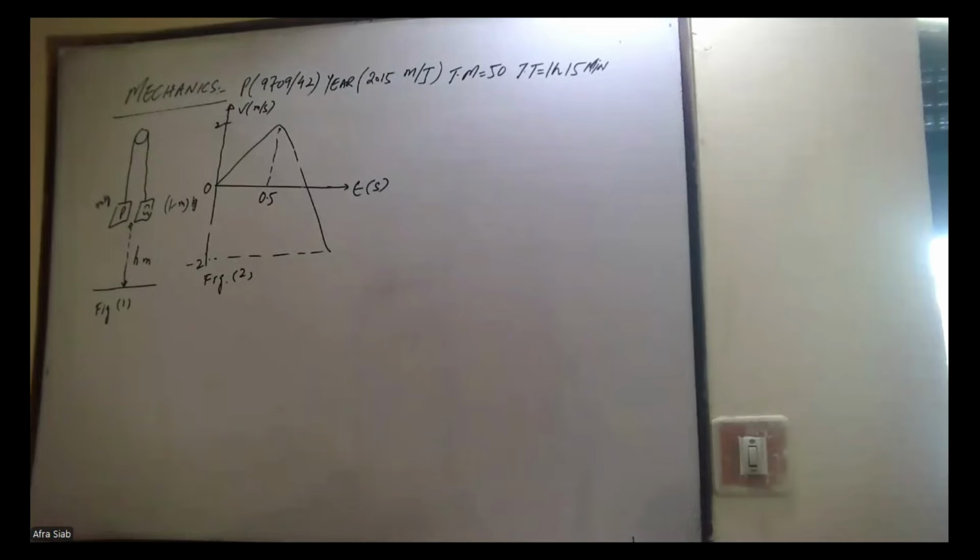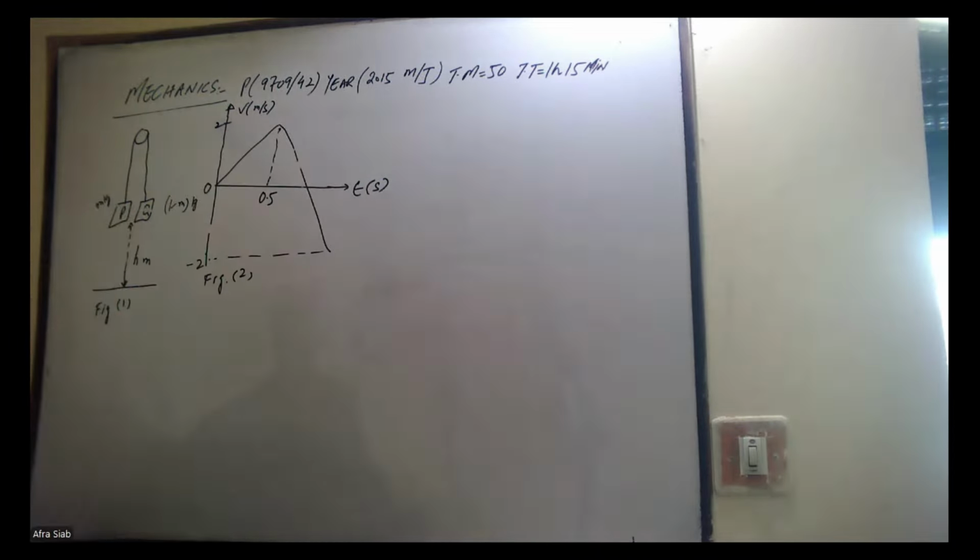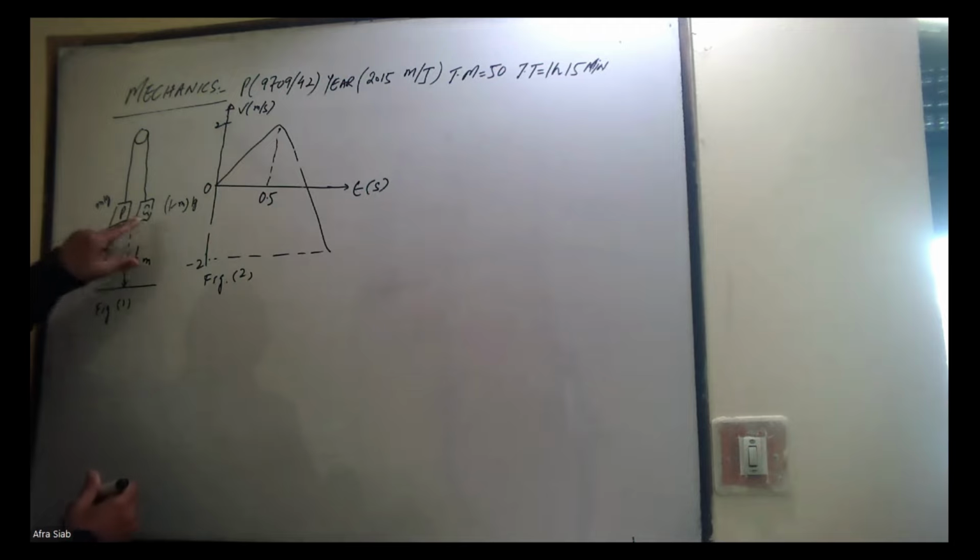Now we have to find out the height h of that first part. Since we know that they are at the same level at height h from the ground, its mass is 1 minus m kg and its mass is m kg.